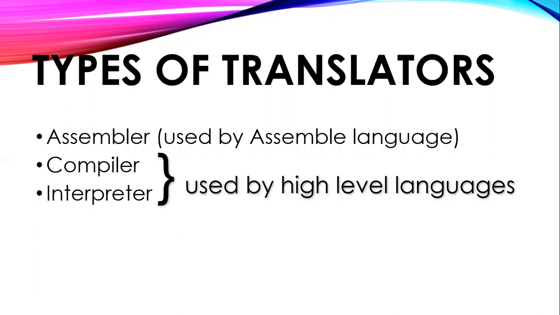Then types of translators, we have three types of translators basically. First type is assembler, that is used with assembly languages only. Each assembly language version has its own assembler. The other two types of translators, compiler and interpreter, are associated with high level languages.